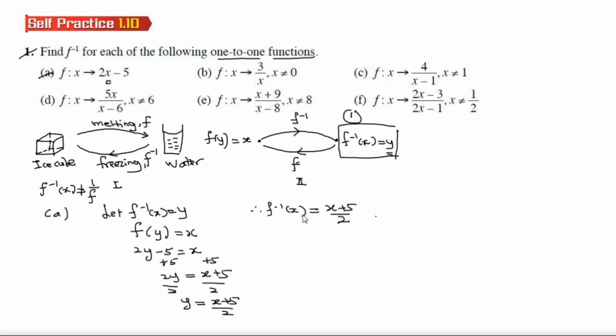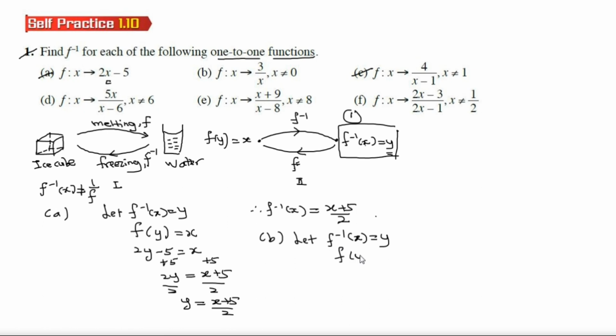I show you one more question. Let's say we try C. Okay, so starting is always the same. We let f inverse x equal y. And then we reverse the process. f will bring y to x.